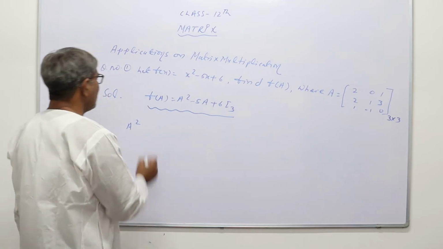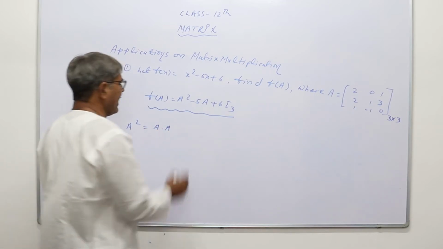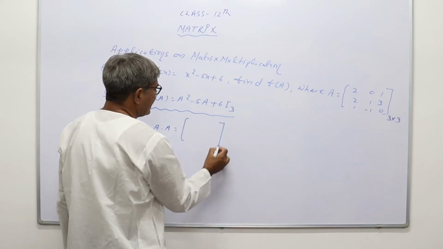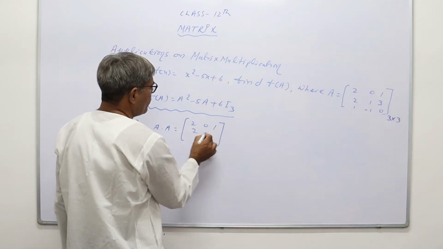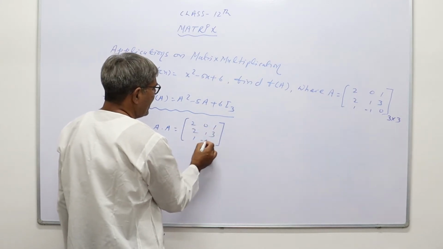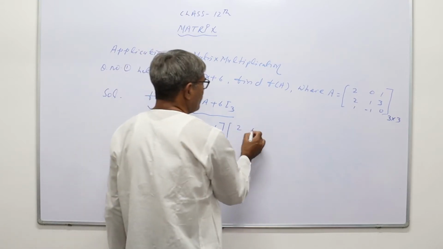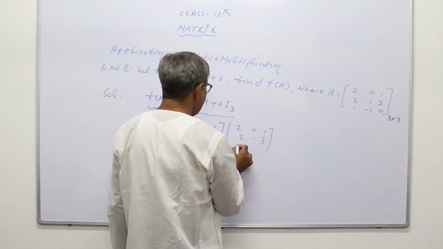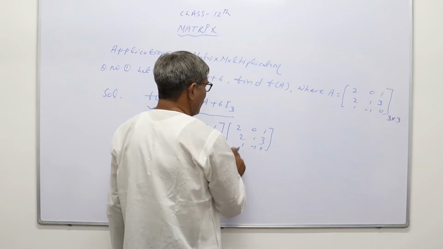So, what is A²? That is matrix A multiplied with itself. So find the product of these two matrices, A with A. So 2 0 1, 2 1 3, 1 −1 0 will be multiplied with itself, 2 0 1, 2 1 3 and 1 −1 and 0.